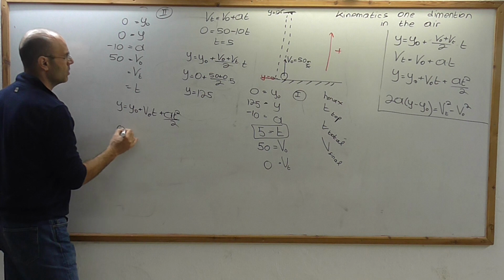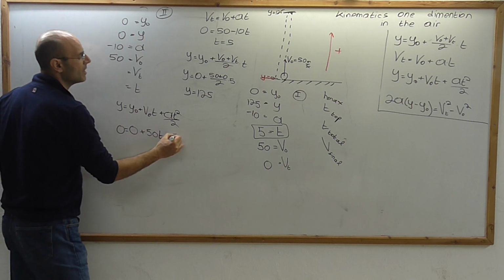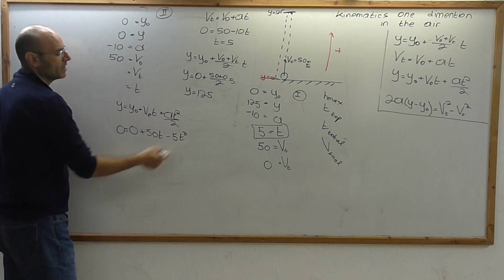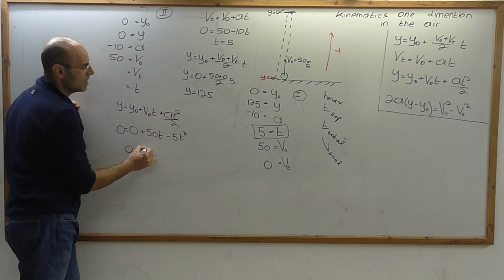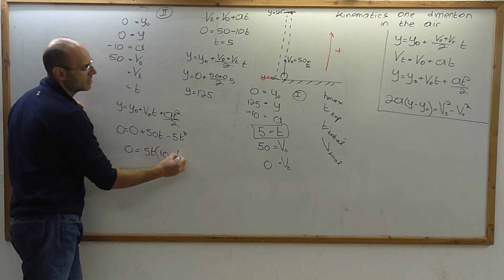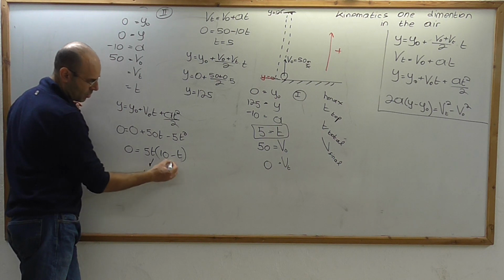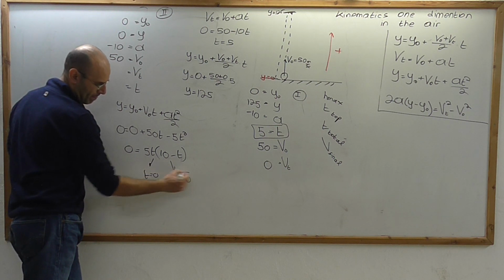Okay, so 0 equals 0 plus 50t minus 5t squared. 10 over 2 is 5. 0 equals, let's take out 5t, so I'll get 10 minus t. So t is 0 or 10.